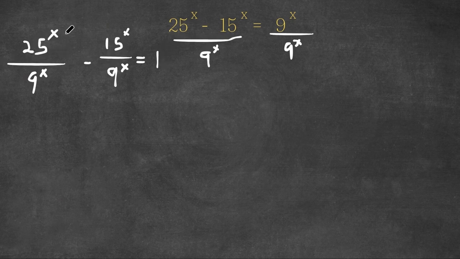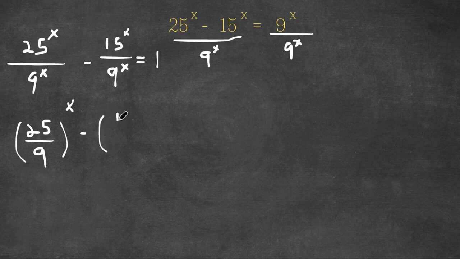Now, 25 to the power of x over 9 to the power of x is the same thing as 25 over 9 to the power of x. And same thing with 15 over 9, this is the same thing as 15 over 9 to the power of x. So now this is equal to 1.